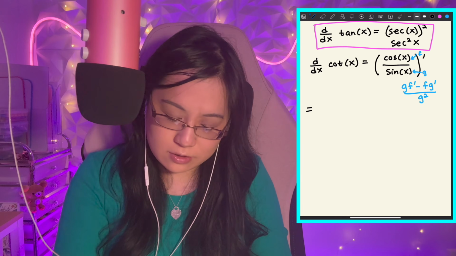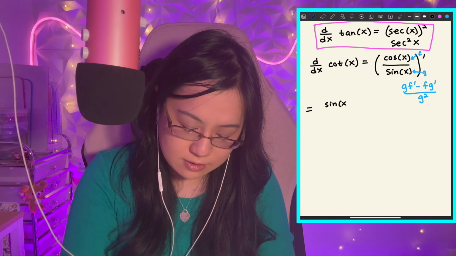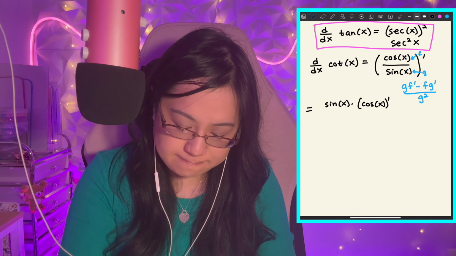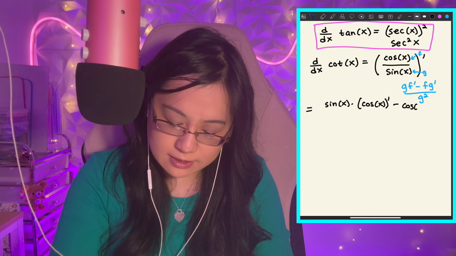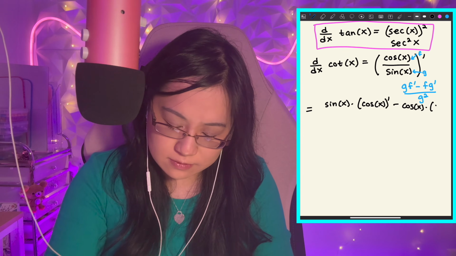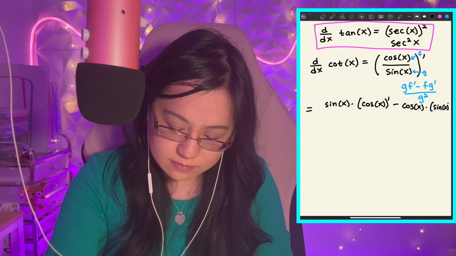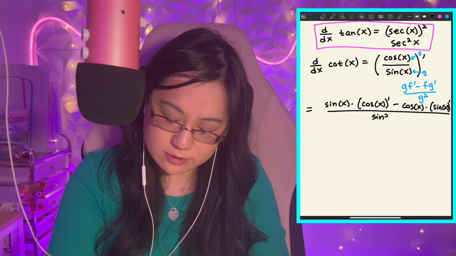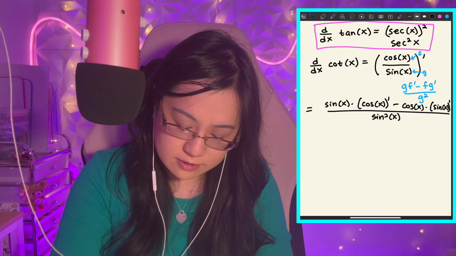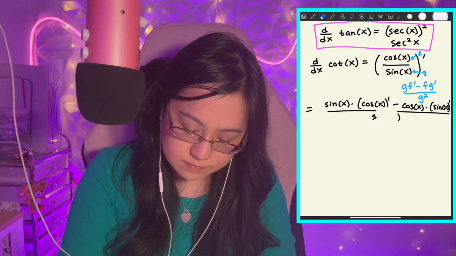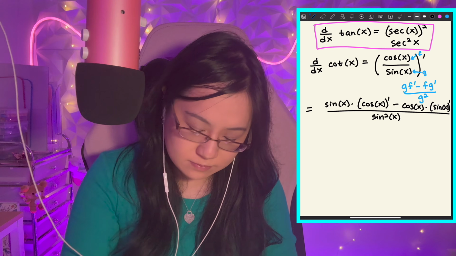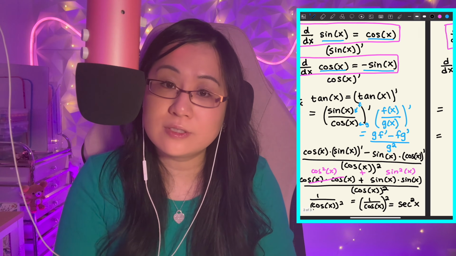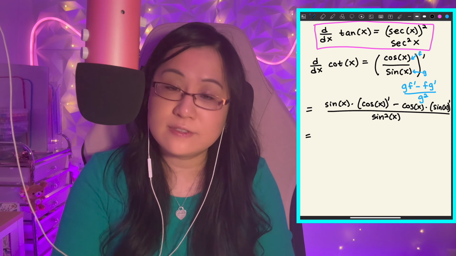So low d high, minus high d low, over low low, or low squared. So this is sine squared. Okay, so the derivative of cosine is negative sine.